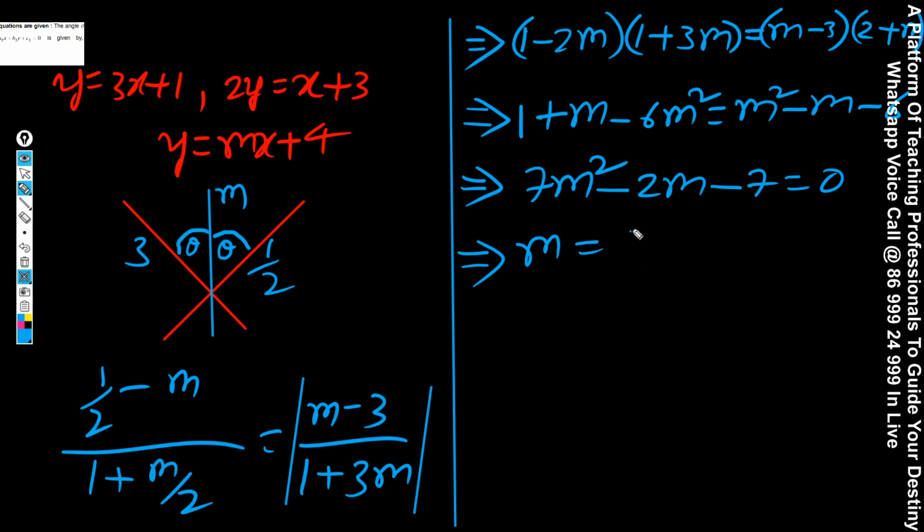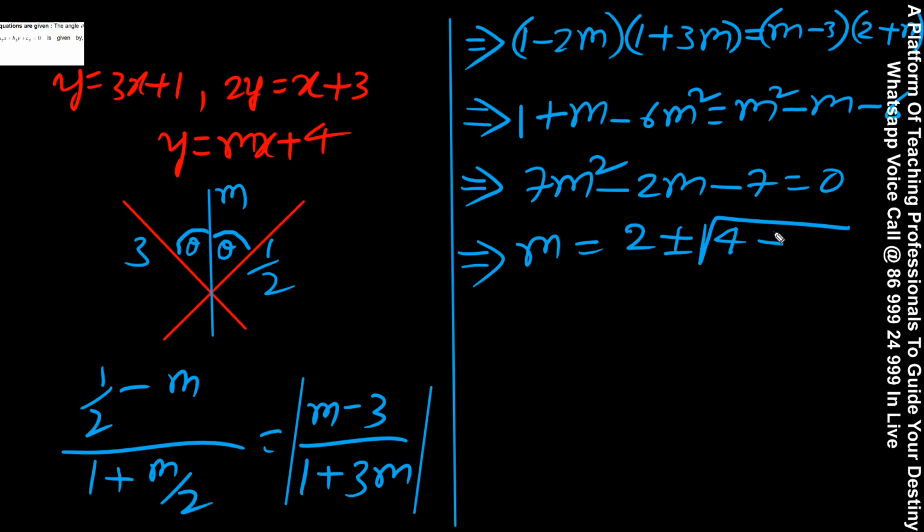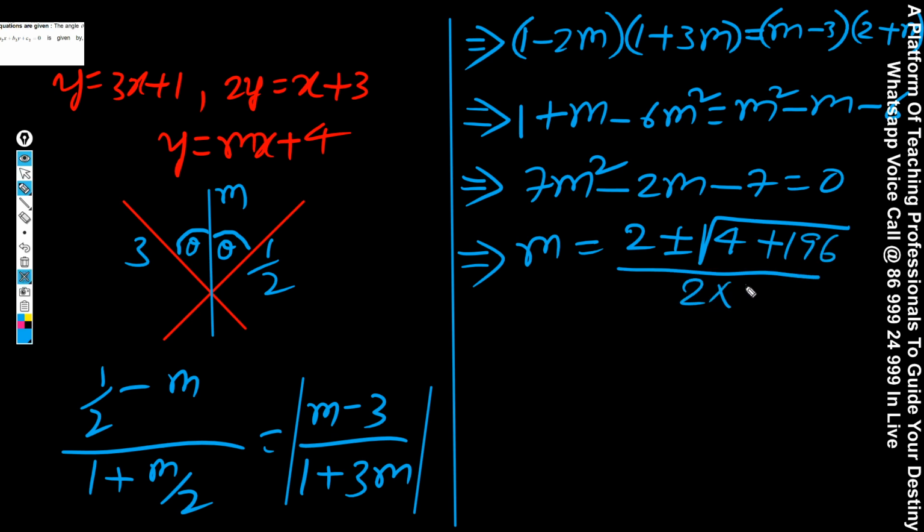This is m equals minus b plus or minus root over b square minus 4ac, divided by 2a. Here b square is 2 square, which is 4, and 4ac is 196, all divided by 2 into 7.